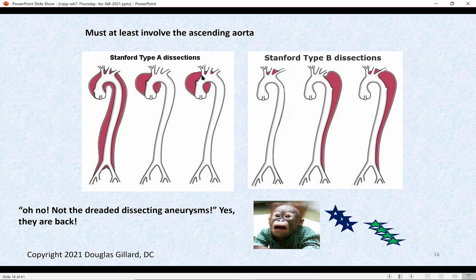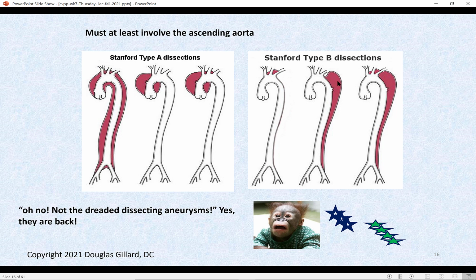It doesn't care if it just involves the arch. It doesn't care if it involves the descending aorta, but it has to involve the ascending aorta. Remember, the ascending aorta is from the root of the aorta to that brachiocephalic trunk, that first takeoff. Aortic arch, then we have the descending aorta.